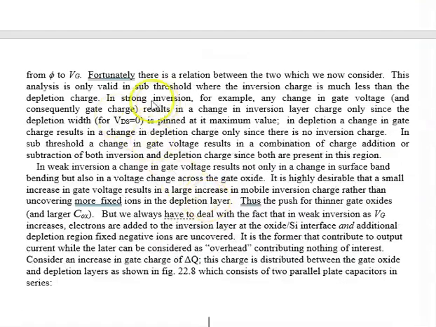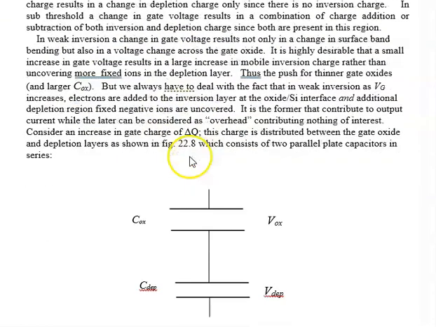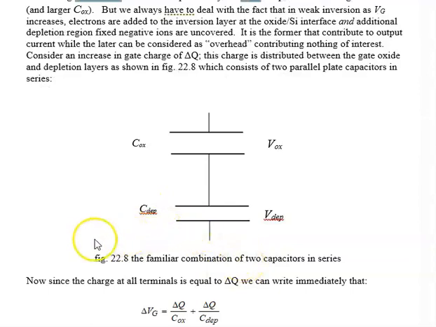And fortunately, we can relate phi to the gate voltage by using a little trick. The total voltage, this is VG, is dropped across the oxide capacitance and the depletion capacitance.